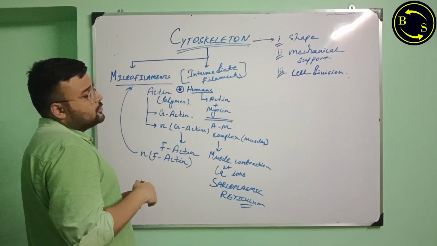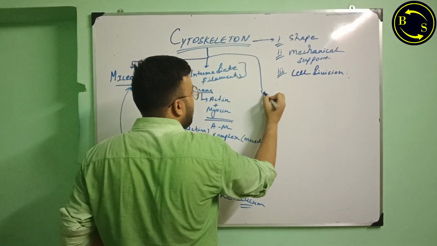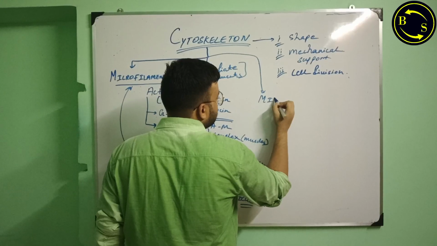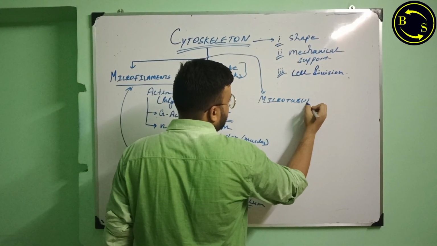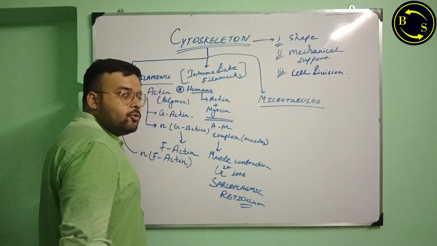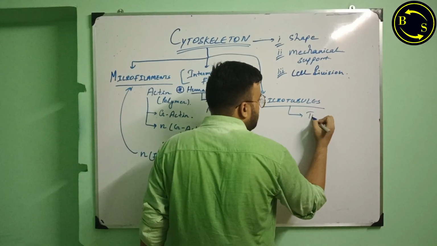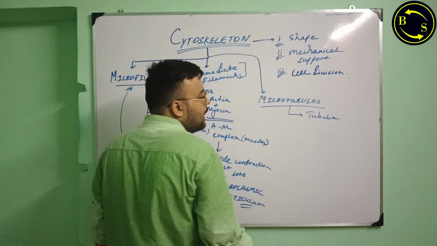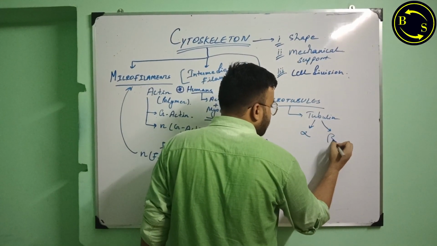Now coming to the last part of the cytoskeleton, here we have the microtubules. The microtubules are made up of a protein called tubulin. This tubulin has two monomers, alpha and beta.